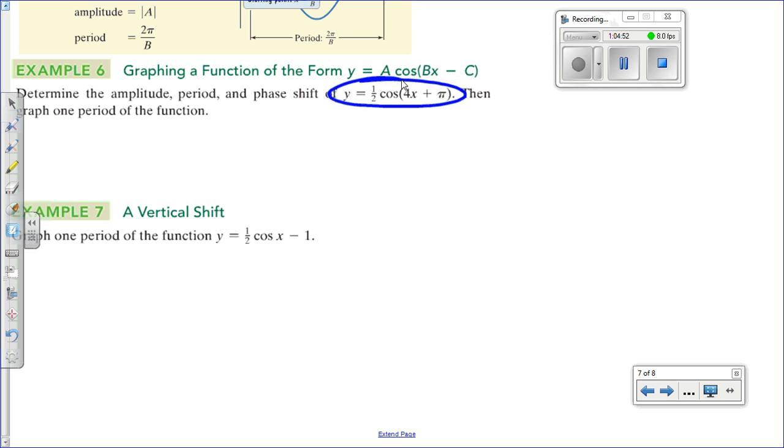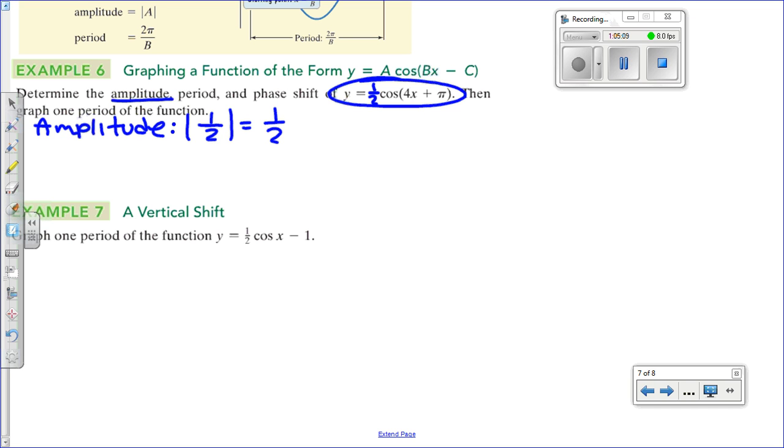So we need to determine the amplitude first of all. And that comes from this number here, 1/2. So the amplitude will be the absolute value of 1/2. So that is equal to 1/2.